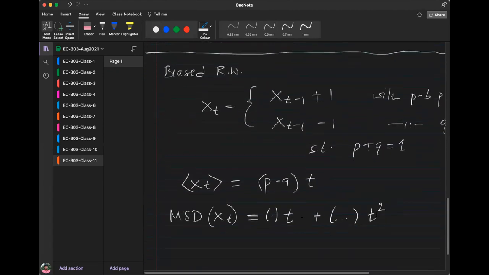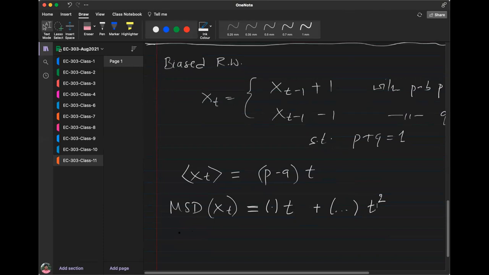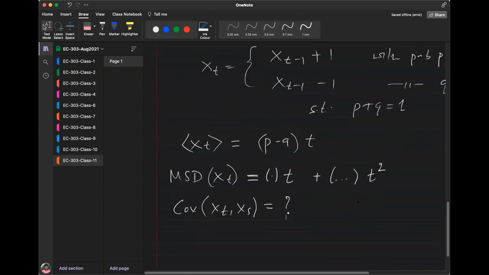So we have both a linear and a quadratic term, unlike the unbiased random walk, which had only a linear term. Now I will leave it as an exercise for you to find out what this is. Always think intuitively: what do you expect? That's always useful to think.